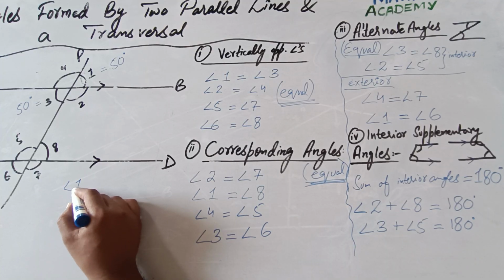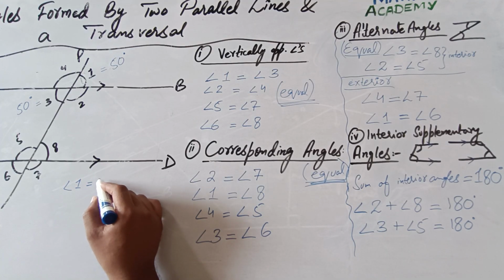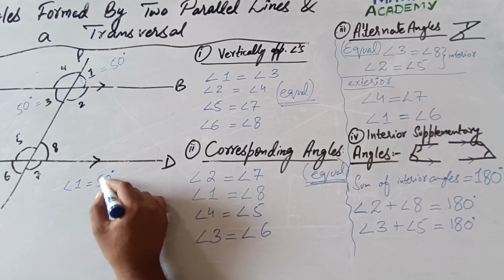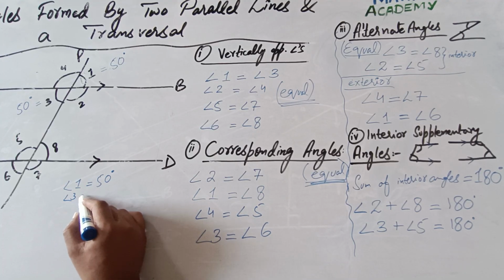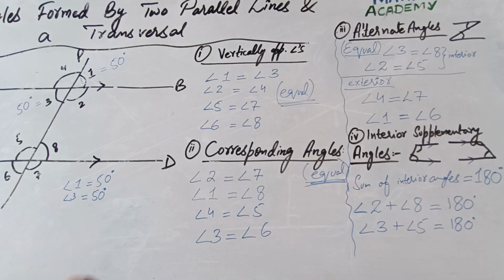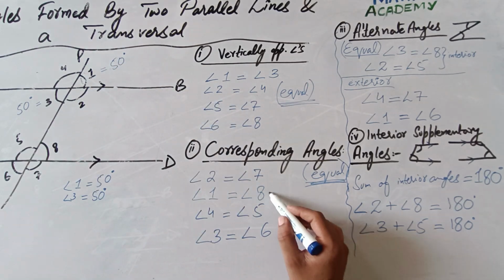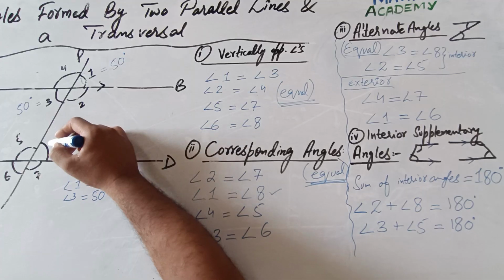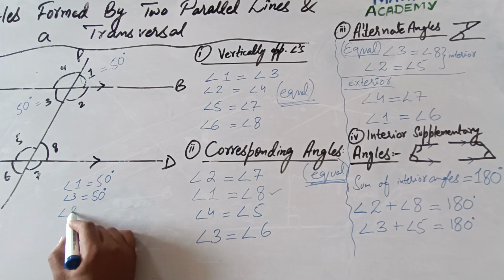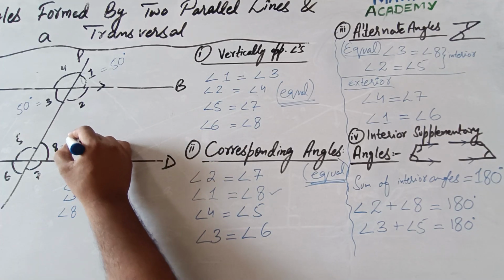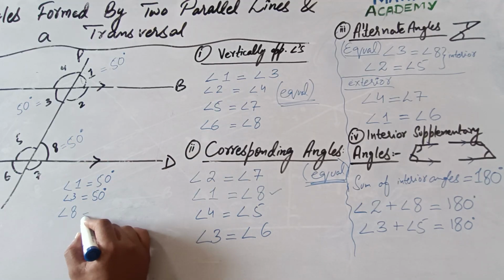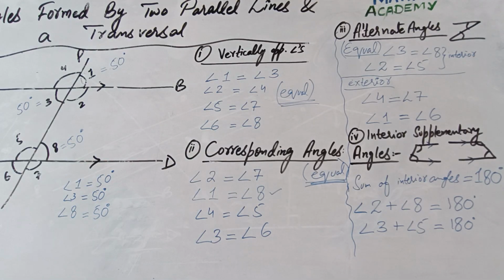Now I am writing all the answers over here. Angle 1 is equal to 50 degrees. Angle 3 is equal to 50 degrees. We have found out the size of two angles. Now according to corresponding angles, angle 1 and angle 8 are equal. So angle 8 is also equal to 50 degrees.